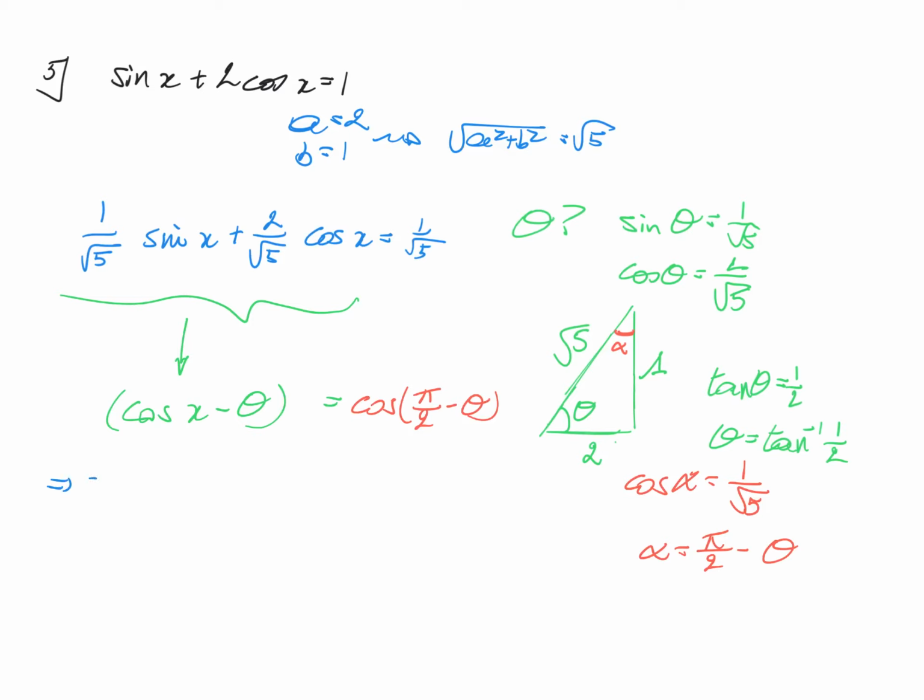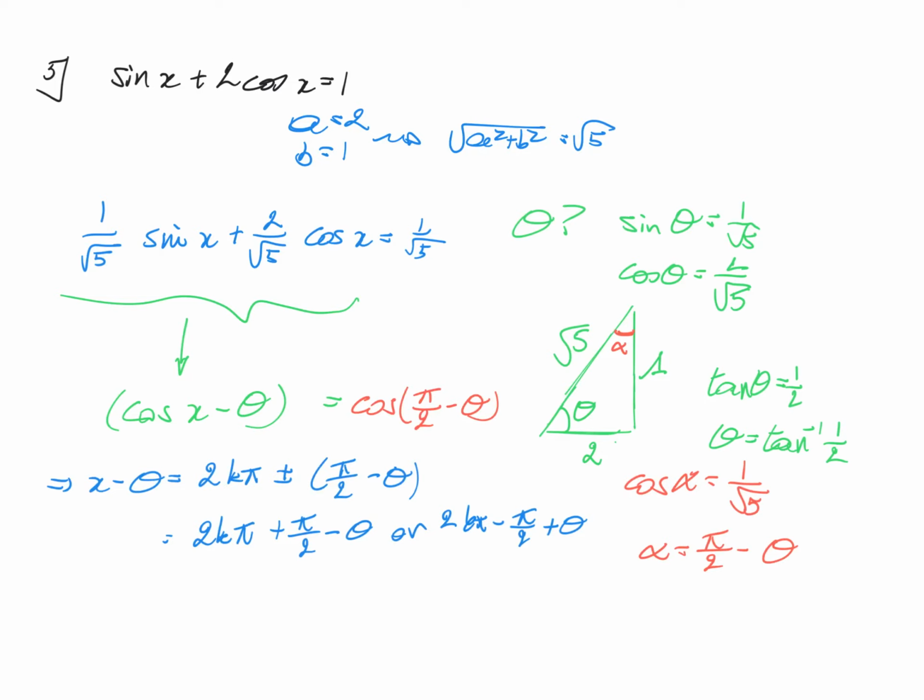So this means that x minus theta is 2k pi plus or minus pi over 2 minus theta. So this is 2k pi plus pi over 2 minus theta, or 2k pi minus pi over 2 plus theta.